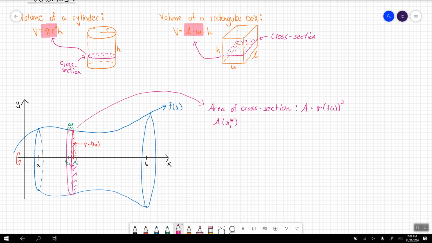All right, so let's keep going with that. So if we then want to find what is the volume of that small cross-section, because remember, the area of the cross-section is only the area of that face.